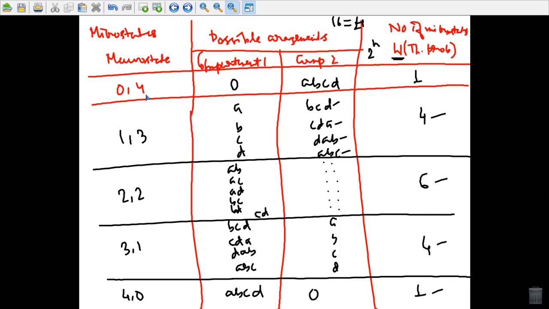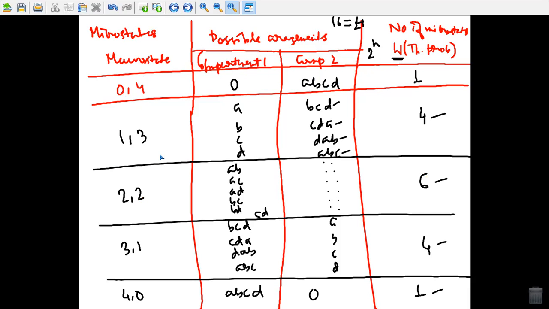So for the arrangement of the 0, 4 distribution, there would be no other composition rather than ABCD in one compartment. So 0, 4 means ABCD are in the same compartment. So there is only one possibility of arranging this 0, 4 distribution in compartments 1 and 2.